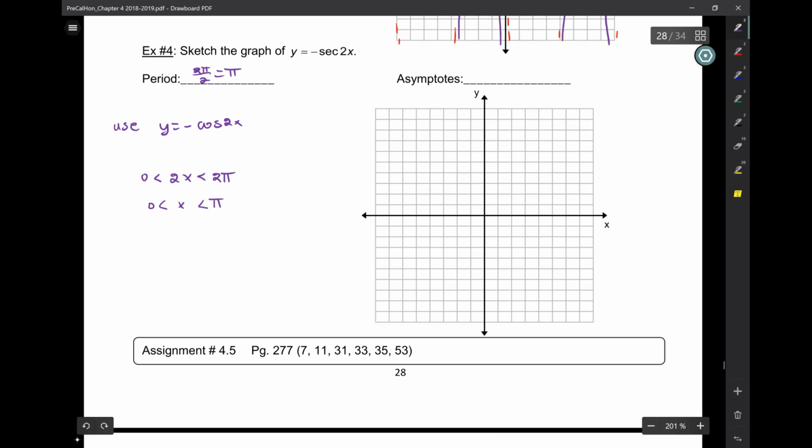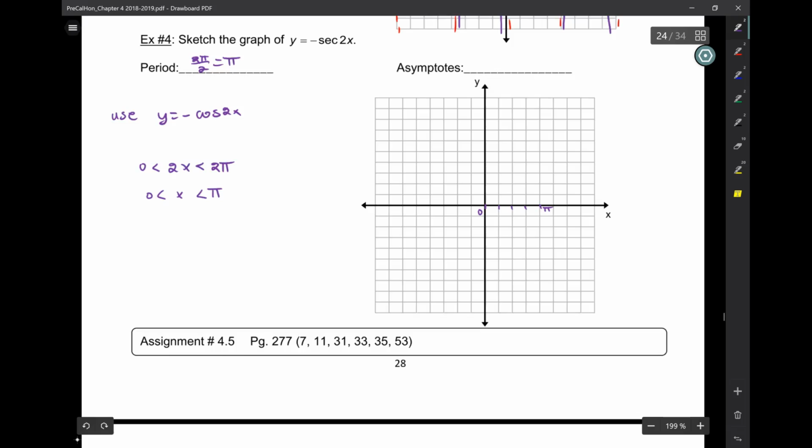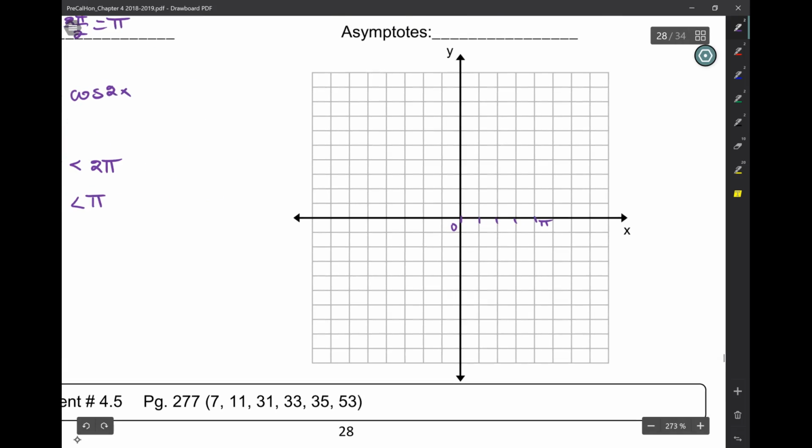Now, check out how this looks. In the case of the cosine, it's going to be a little bit different. Because we're going from 0 to pi, I know that the center here is pi over 2, with pi over 4 and 3 pi over 4.